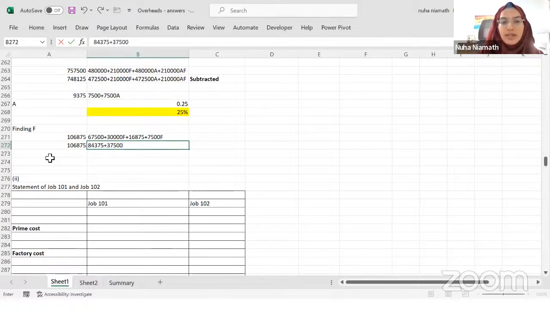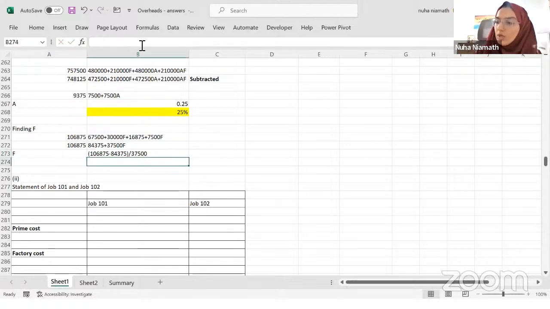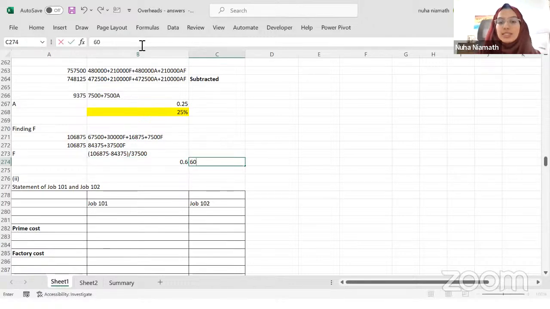37,500 F. So F should be equal to 106,875 minus 84,375 divided by 37,500, which gives me 0.6, which is equal to 60%.